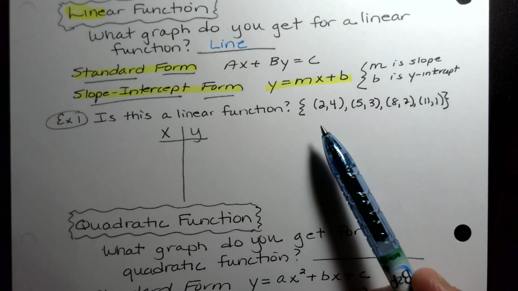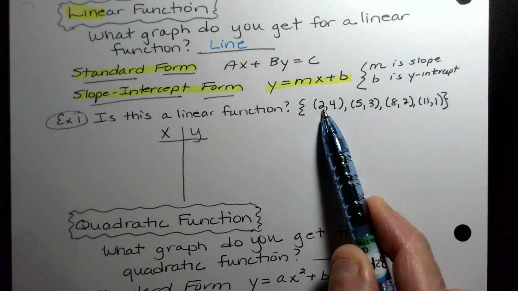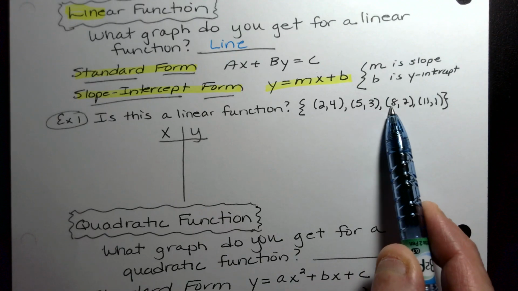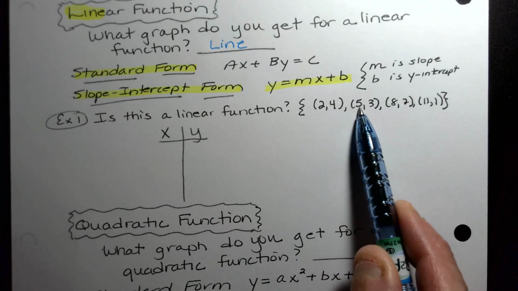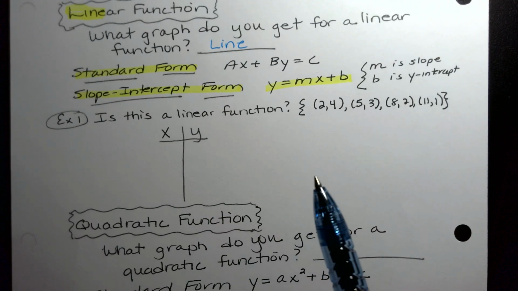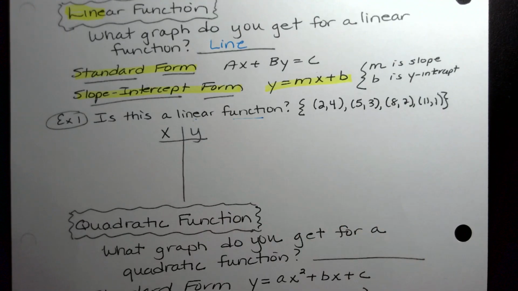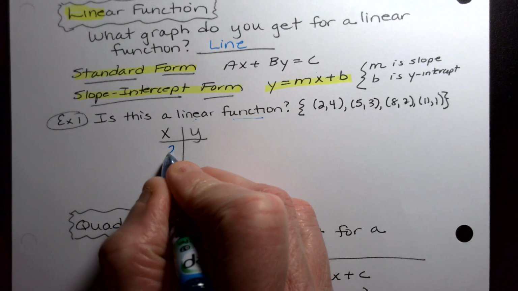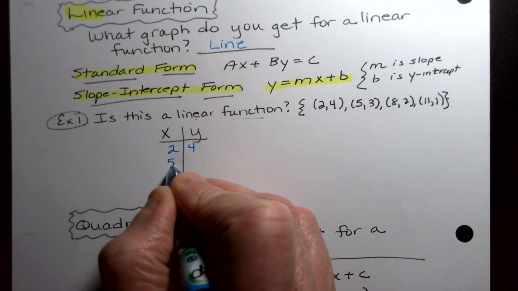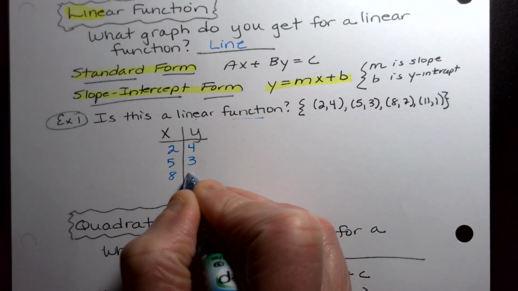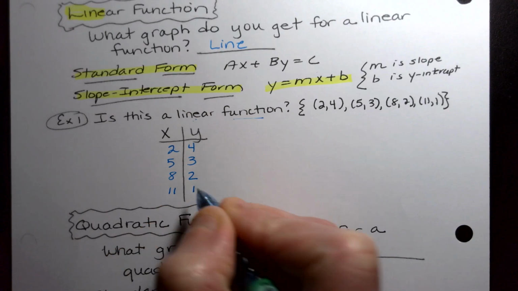So we can look and say, okay, the 2 only maps to a 4, the 5 to a 3, the 8 to a 2. Yep, my x's are all different. So we're good. It's definitely a function. But now to check for linear, we have to put it in our little chart here. Do you remember this? We list our 2, 4, 5, 3, do this with me, 8, 2, and 11, 1.